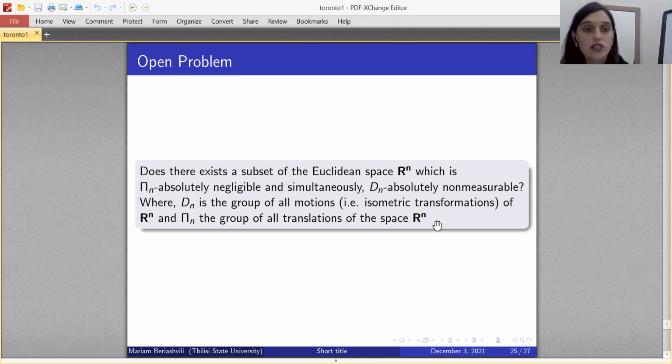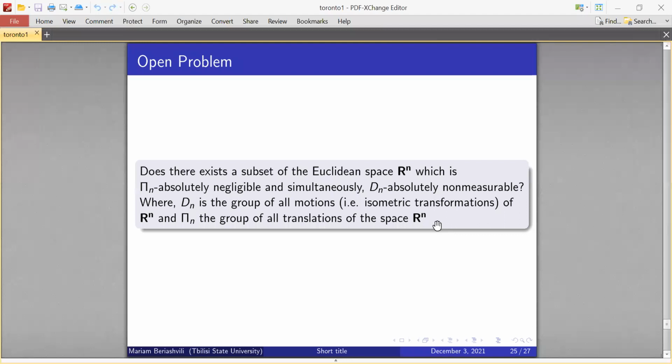Can you give us some idea as to why this is an open problem and why it doesn't follow from the case n equals 2 with the same ideas?